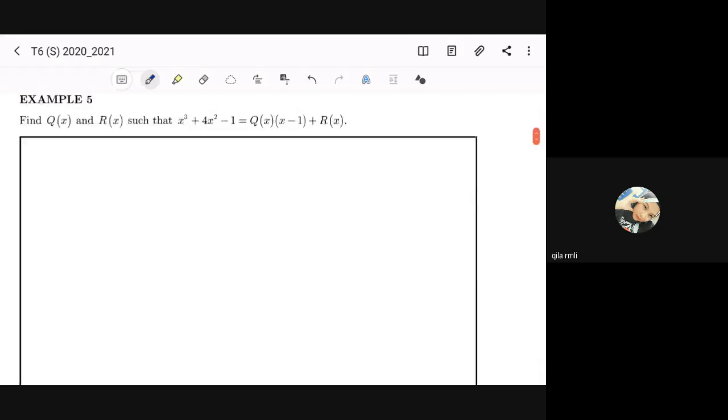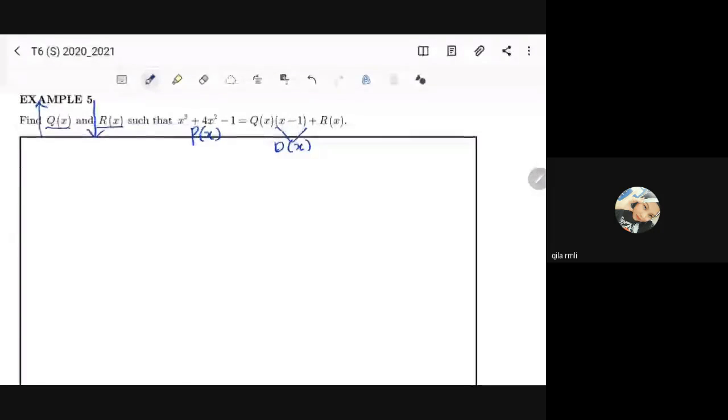Find Q(x) and R(x). Q(x) on the top, R(x) the lowest one. Such that x cubed plus 4x squared minus 1 equals Q(x) times x minus 1 plus R(x). This is your polynomial and x minus 1 will be your divisor.